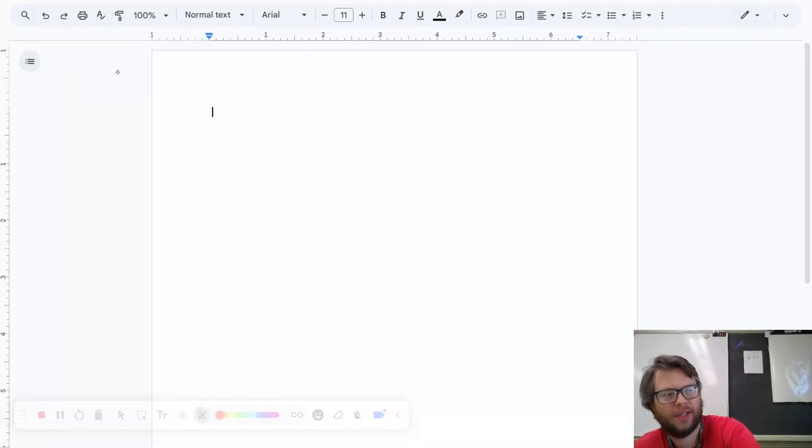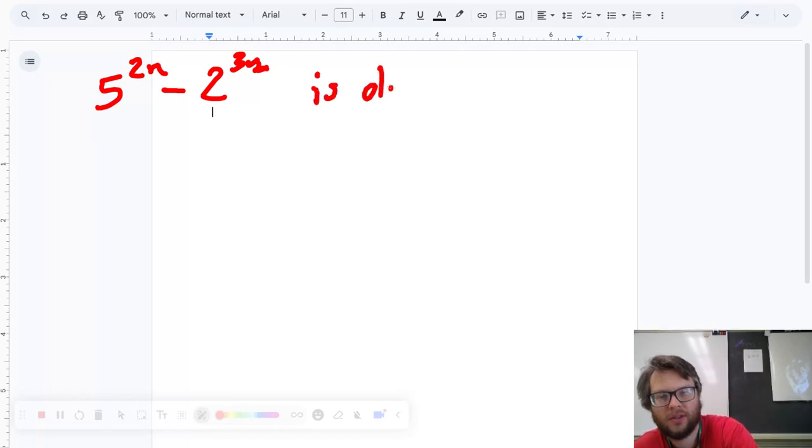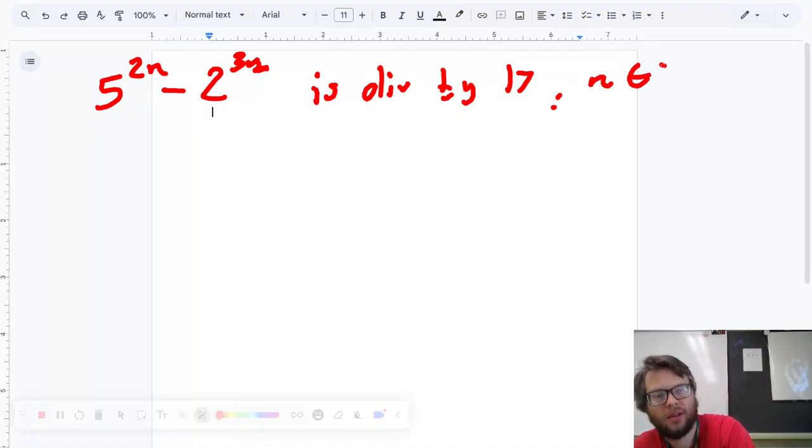So for example, let's say that we're trying to prove that 5 to the 2n minus 2 to the 3n is divisible by 17, and we're looking at n as an element of Z plus.